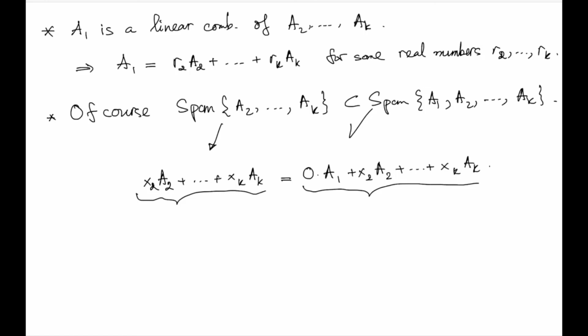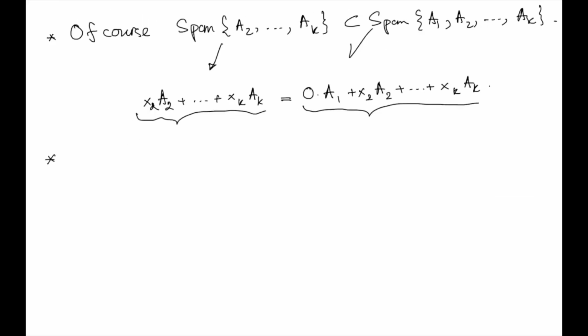So this is checked. Now, if you consider the span of more vectors, how can you prove that it is contained inside the span of fewer vectors? That's the hard thing to prove.